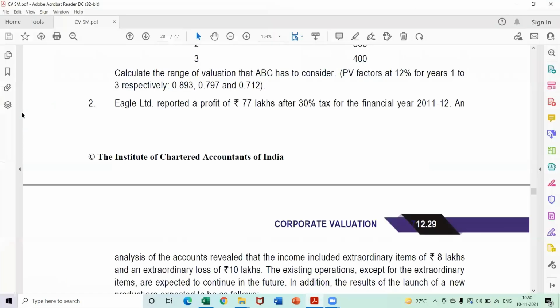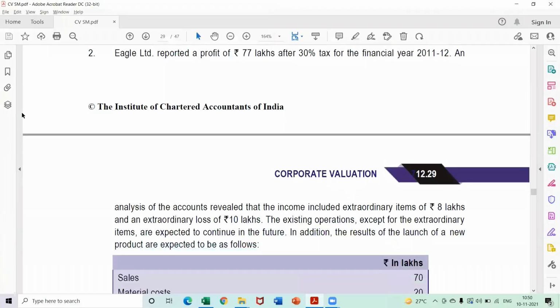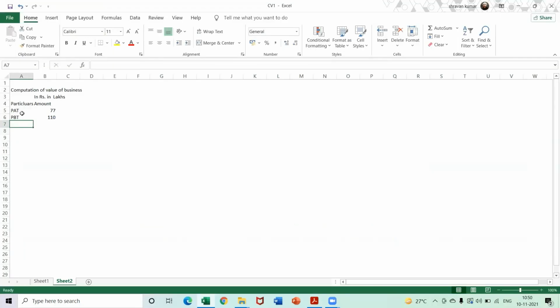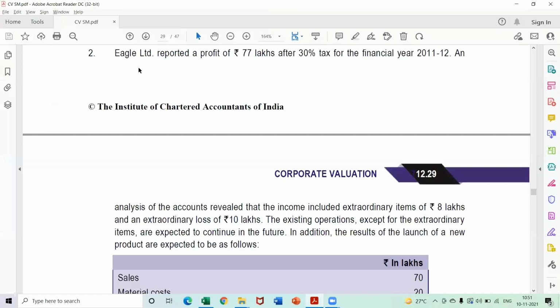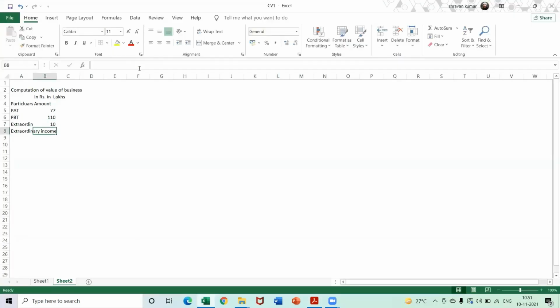Now you will adjust for extraordinary loss and extraordinary income. Extraordinary loss you'll add, extraordinary income you'll subtract. Extraordinary loss 10 lakhs minus 8 lakhs, 10 minus 8, right?